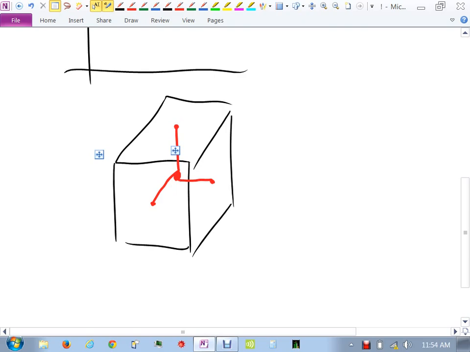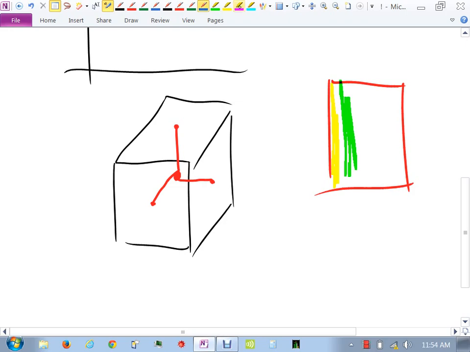Let's just say I take a sheet of paper. Over here in the yellow, and then the green, and then the purple, and then the blue. Let's say at the yellow, the paper is very light, meaning not very thick, a very thin piece of paper. But as you move to the right, the paper gets thicker and thicker.